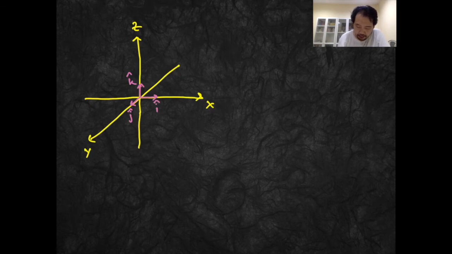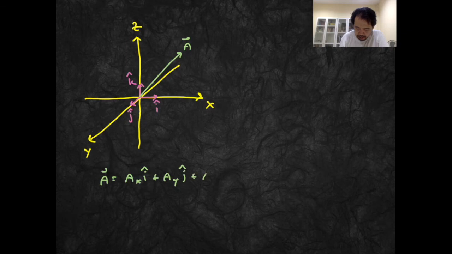And if we have a vector A, we can write A as Ax i plus Ay j plus Az k. So that is the definition of the unit vector, and how we can write out the components of a vector using unit vectors.